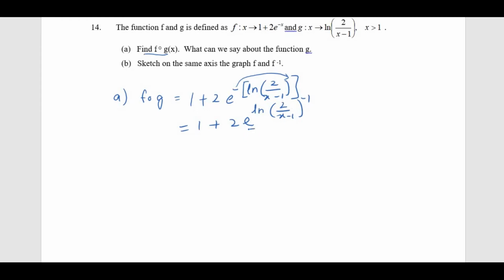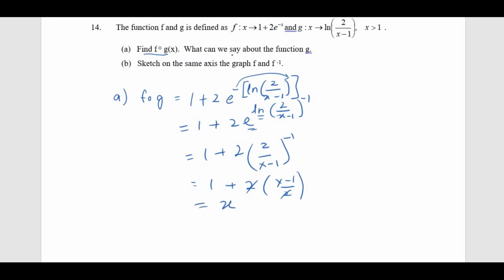So this is exponent, this is ln. You have 2 exponent ln, which gives you 2 over x minus 1 to the power of negative 1, or you can write it as x minus 1 over 2. Then you can cancel off this, and 1 plus x minus 1 gives you x.